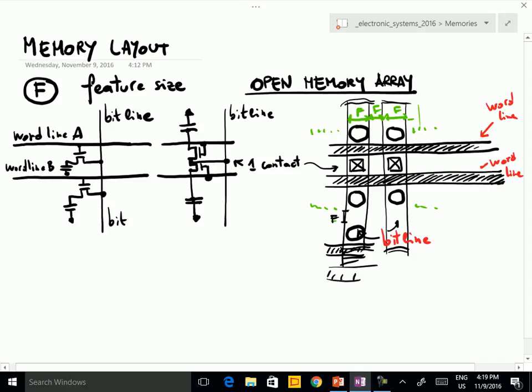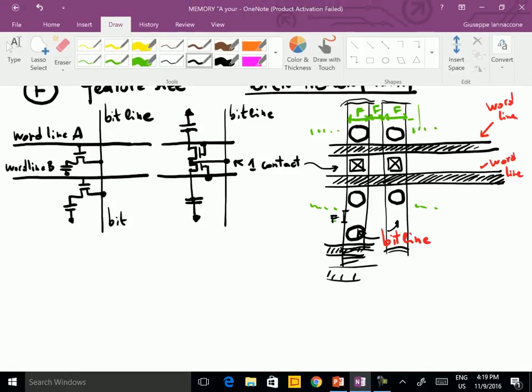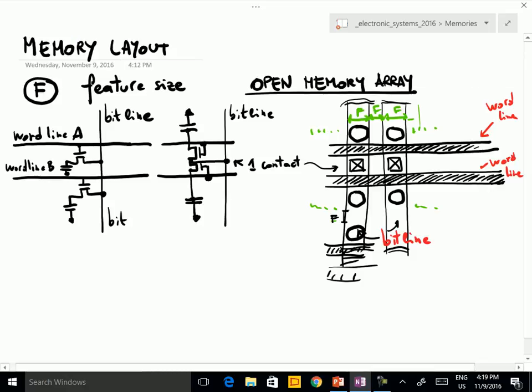cell. Now the total size is the following: it is 2F in this direction, and here I have F again. F is this size. This is F, and this is F also, the spacer. So I have 6F. So in this rectangle, 6F times 2F, we have 2 bits.